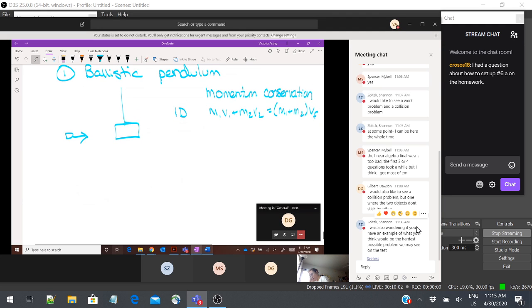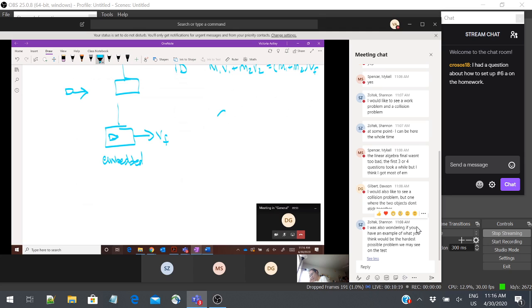So what you end up with is the bullet is embedded and the whole system is now moving at vf. Then it becomes an energy problem where you have 1/2 m vf squared, and that is getting turned into mgL(1 minus cosine theta).